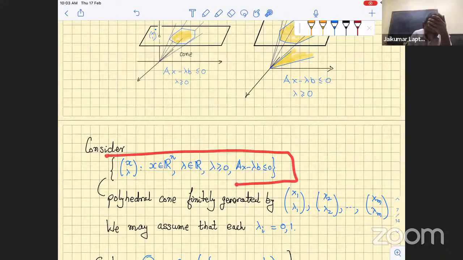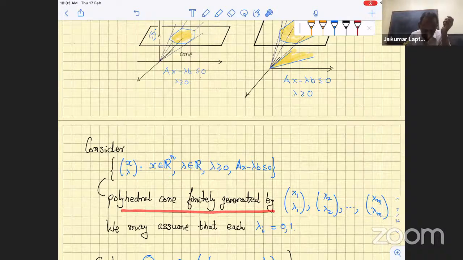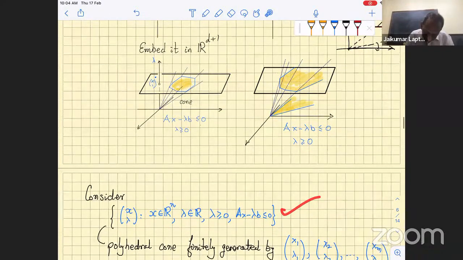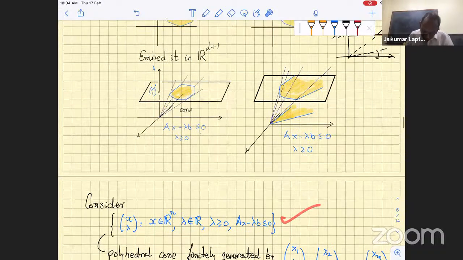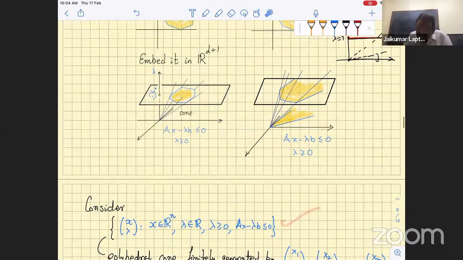So as I said, this now becomes a polyhedral cone, but we have already proved that polyhedral cones are the same as finitely generated cones. So there is a finite set of points, now points in R^(d+1), which generate this cone. Depending on your example, this cone or this cone is being generated by these.